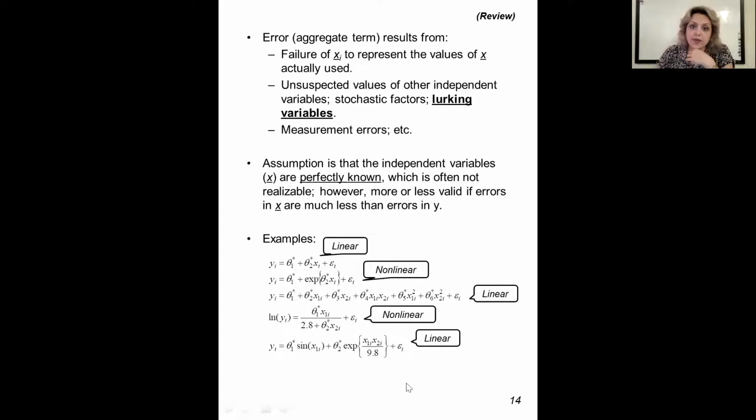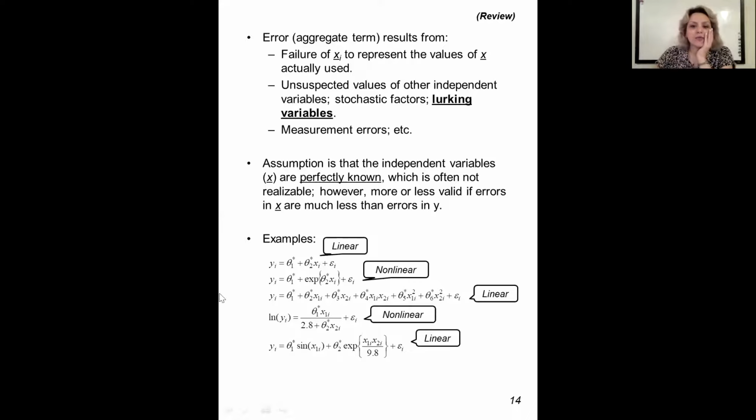Measurement errors: here we have an assumption that the independent variables X are perfectly known, which is often not realizable. However, it is more or less valid if errors in X are much less than the error in Y. If you have more or less error on your X, it's going to affect the error of your Y, right? Because Y is depending on X.